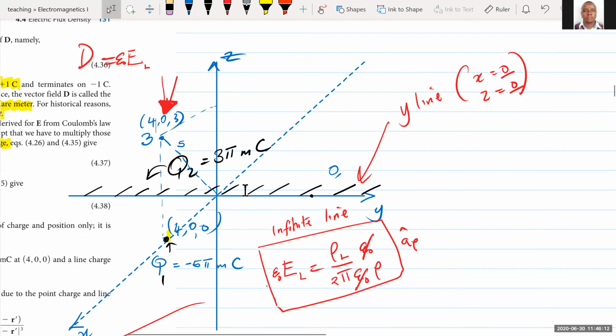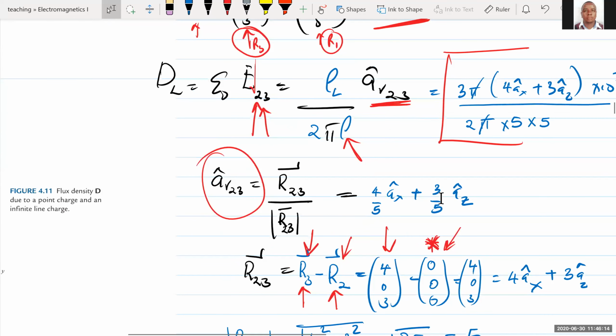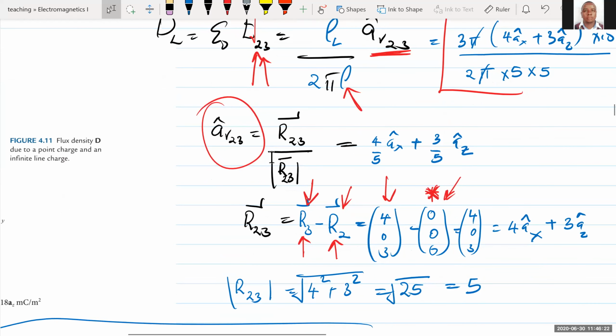So once we have found that out, to obtain our final item that we are looking for, which was the unit vector AR23, you simply take the vector R23 divided by the magnitude, which is 5. So you say 4ax divided by 5 plus 3az divided by 5.